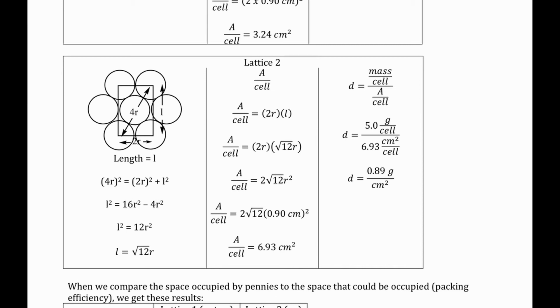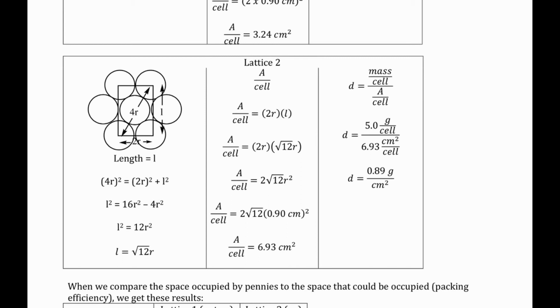Using the Pythagorean theorem, because we have 90-degree angles here, we can determine the length in terms of the radius, because the radius is what we've got a number for, 0.90 centimeters. Applying it, we have (4r) squared, the hypotenuse squared, equals (2r) squared plus L squared.